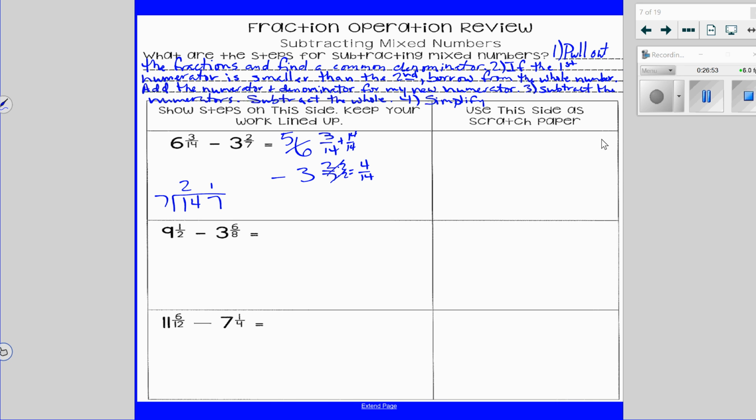The easy way to do it, what I put up here is I just add my numerator and denominator. 3 plus 14 is 17 14ths. Now I can subtract. 17 minus 4 gives me 13 14ths, because I don't do anything in my denominator. 5 minus 3 is 2. 13 over 14. Can I simplify that at all? Nope, so that's my final answer.